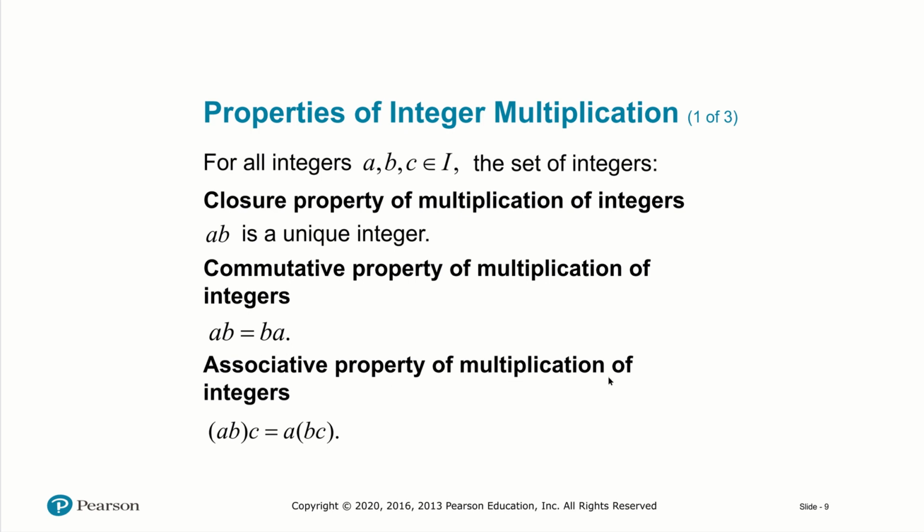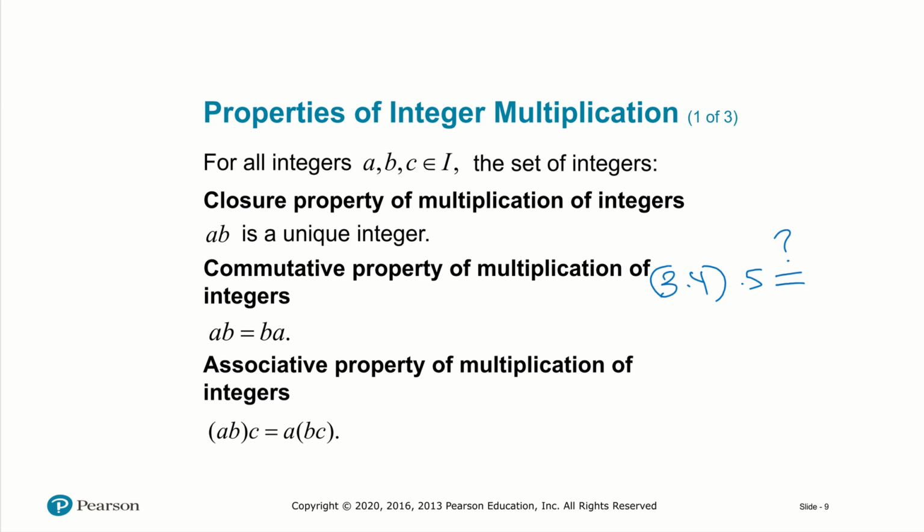And the associative property tells us the grouping does not matter if we're dealing with more than two items, in fact, with three items, right? We can multiply the first two, then multiply the third, or multiply the last two and then multiply the first. For example, let's say you want to deal with 3 times 4 times 5, right?